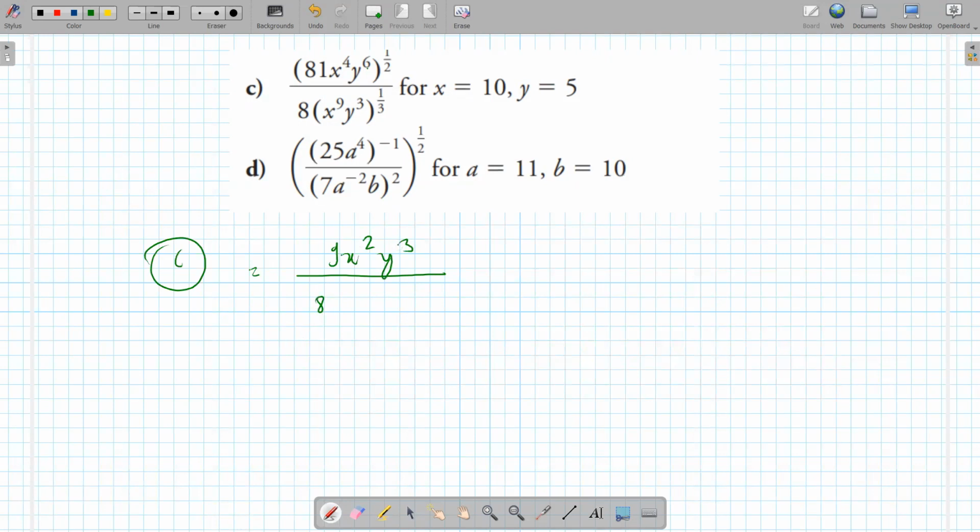What's the cube root of x^9? It's x to the power of 3. Right, and y becomes a 1. So what's the final answer here, or what does it simplify to?